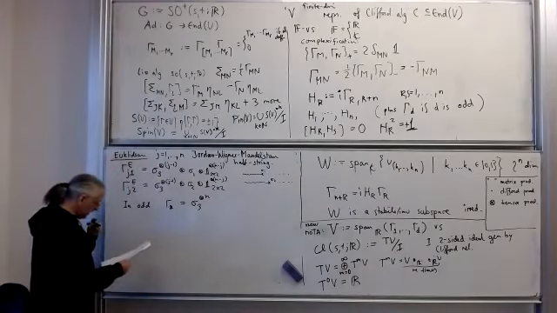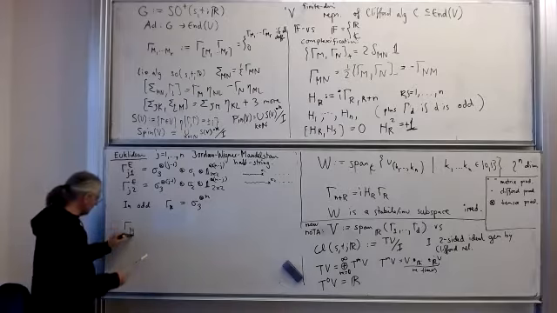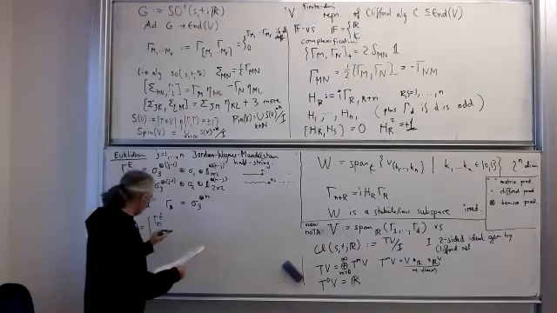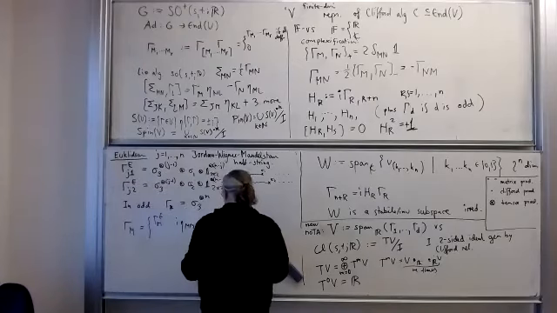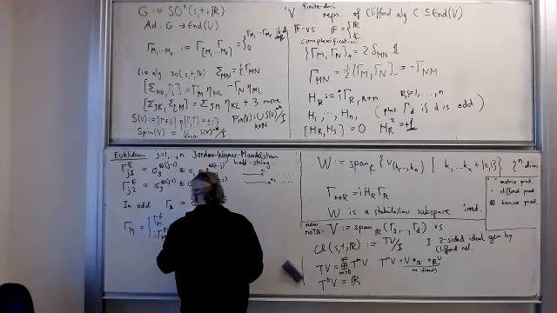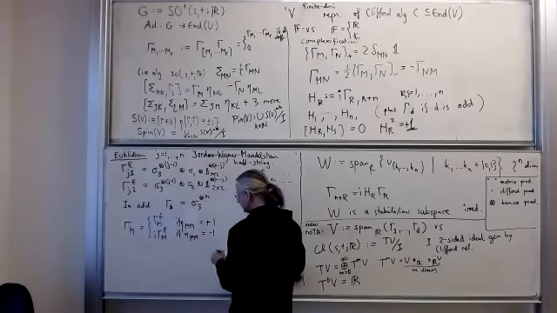And how would we do it in arbitrary signature? Well, that's quite easy. We would say that gamma m should just be equal to gamma E m if eta mm is +1, and i gamma E m if eta mm is -1.